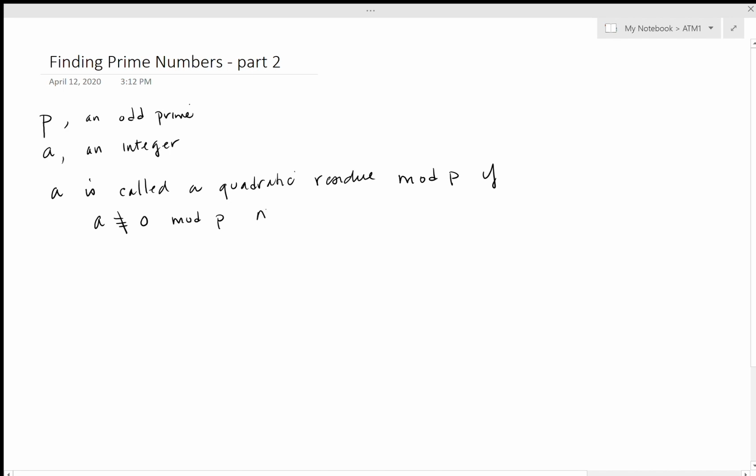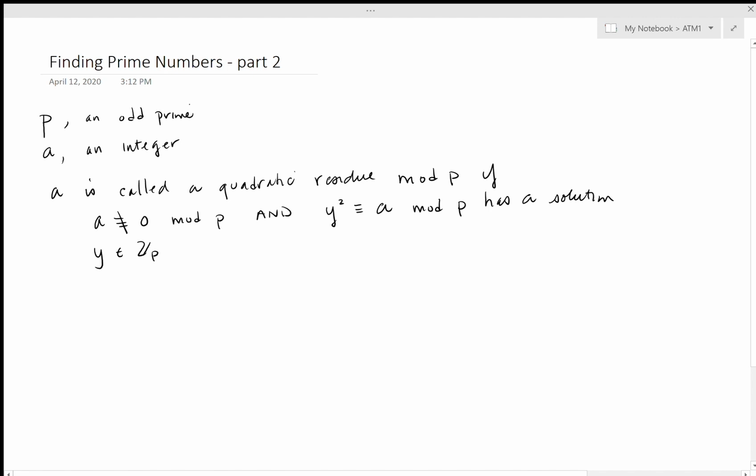So first, A is not congruent to 0, so A is not divisible by P. And y squared is congruent to A mod P has a solution for y in Z_P.